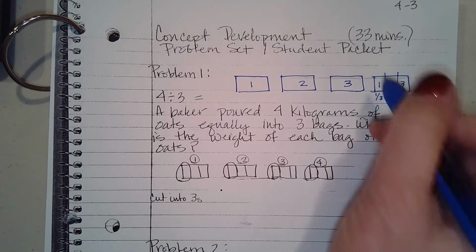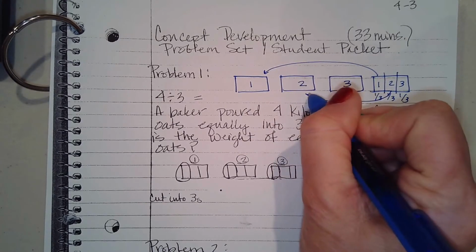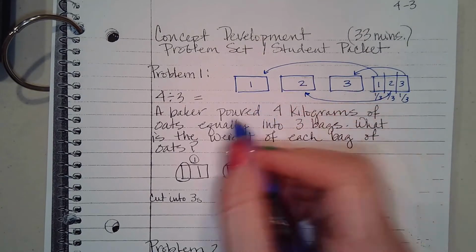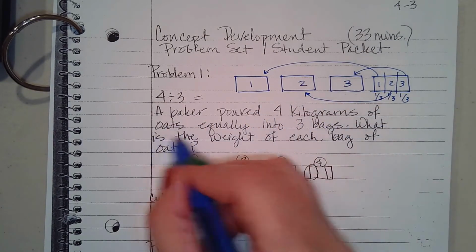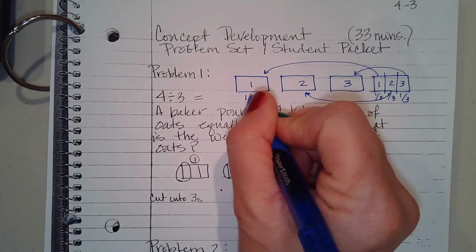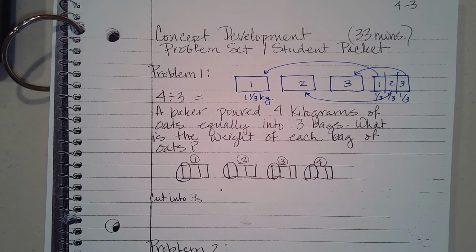So if we passed this out, a baker poured 4 kilograms of oats equally into 3 bags. What is the weight? 1 1/3 kilograms, right? So each bag gets a whole kilogram and 1/3 of another.